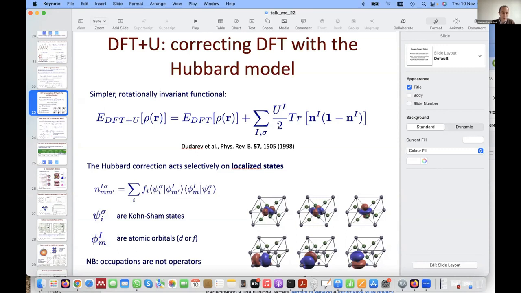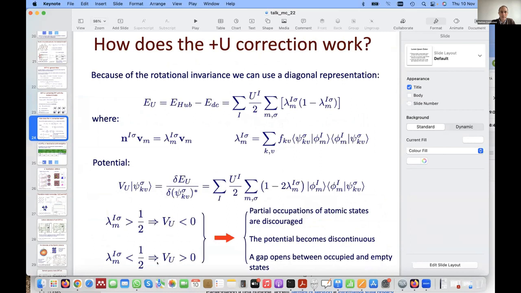So what the +U does is something in between, actually, because it tries to reinsert the effect of this potential discontinuity. In a sense, this is its way to reintroduce some discontinuity in the potential into the Kohn-Sham gap, into the Kohn-Sham band spectrum.